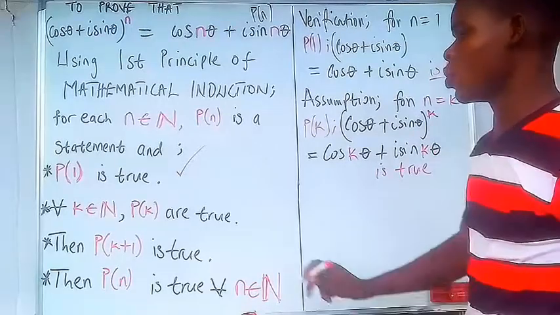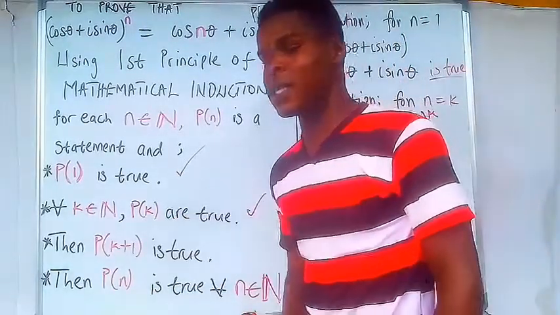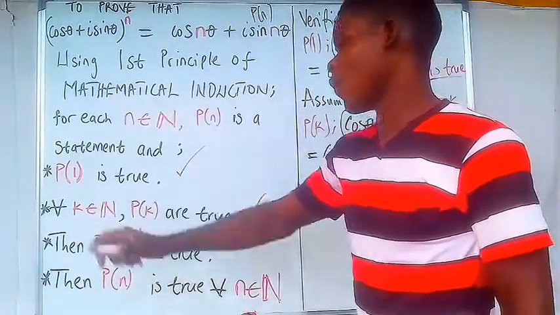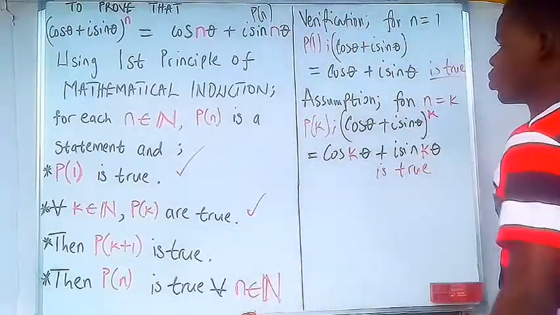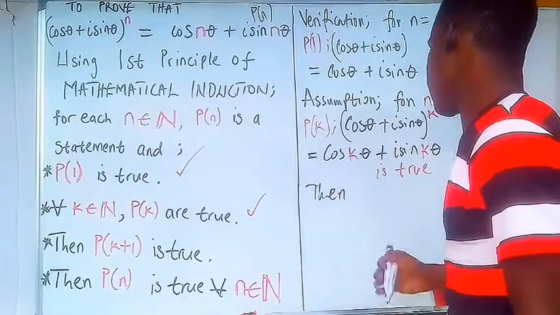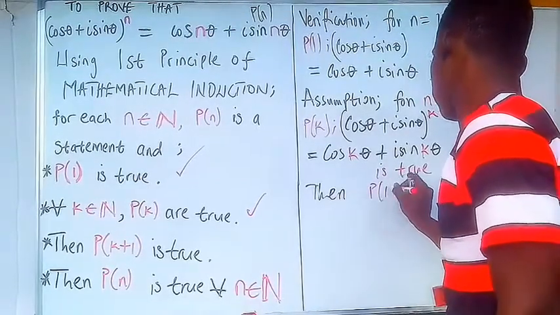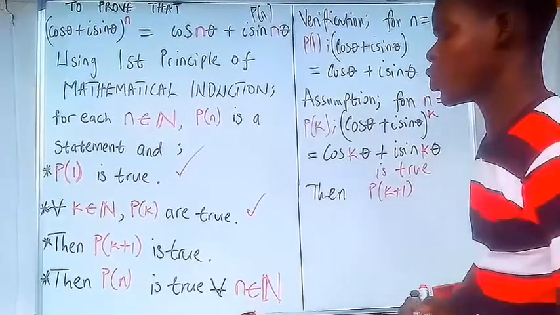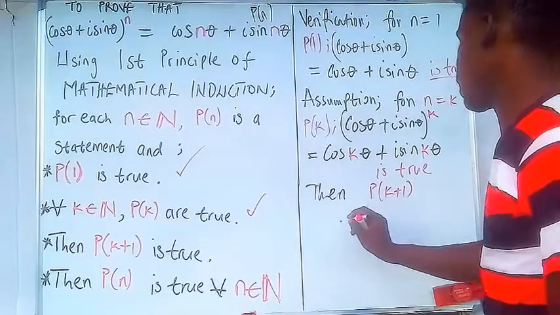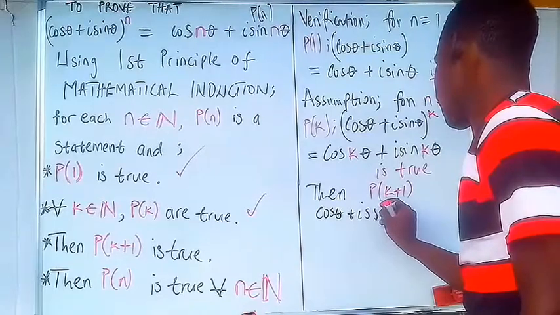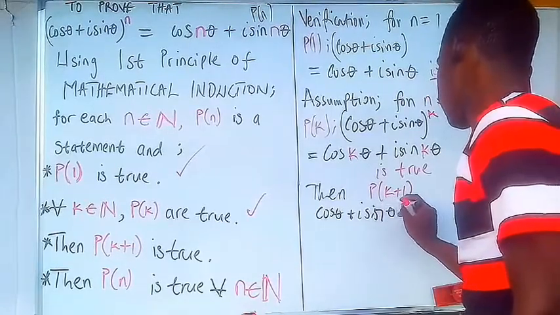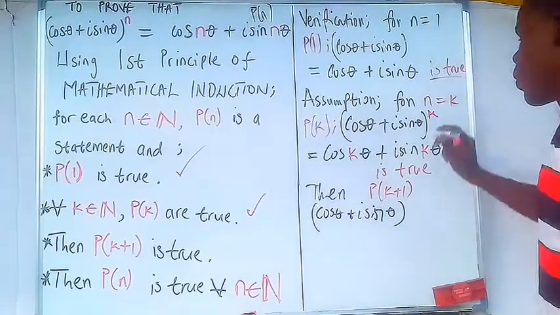So if this is true, then how about the third statement for the successor of k? P of k plus 1 should also be true, and it is given to be (cos θ + i sin θ) to power k plus 1.